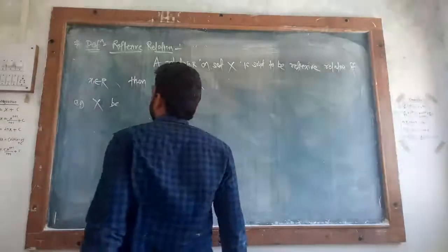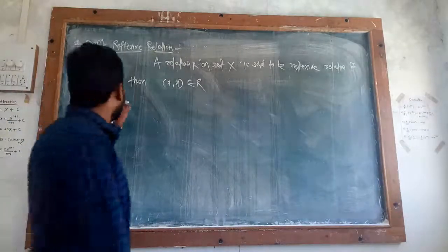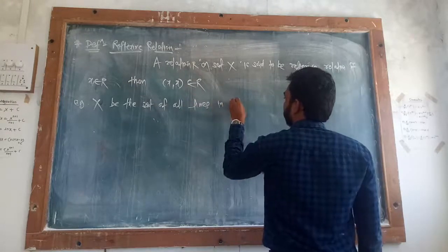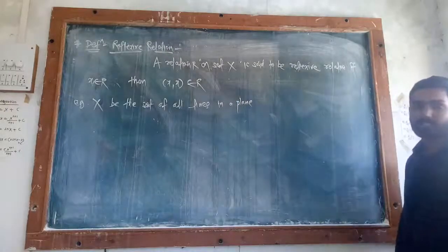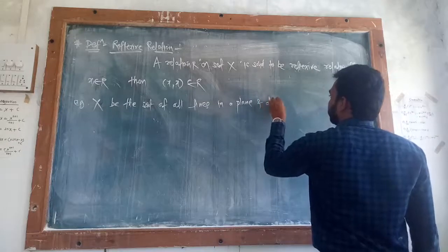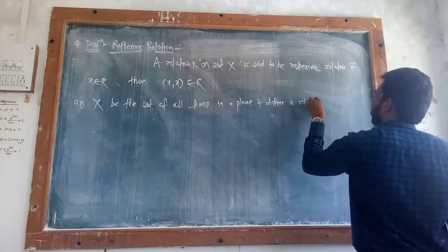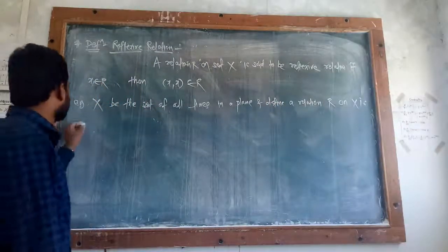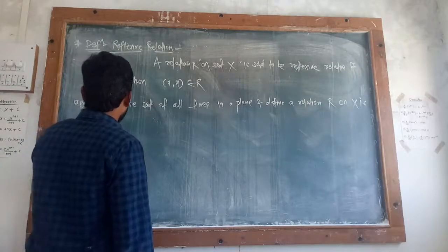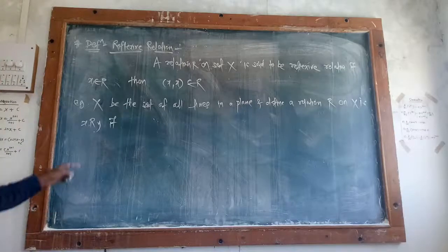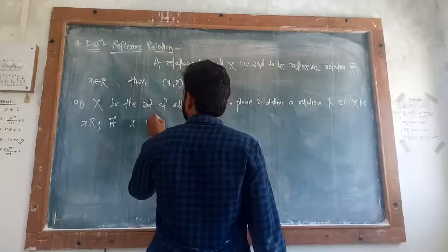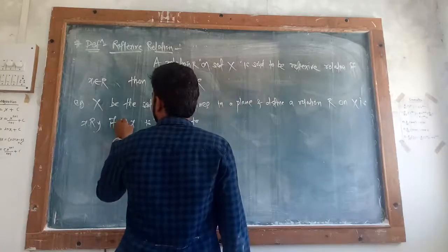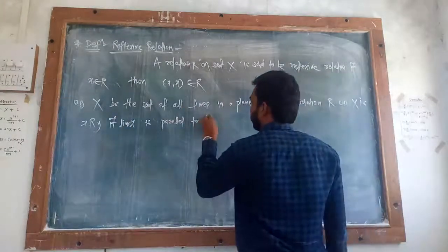Let capital X be the set of all lines in a plane, and define a relation R on set X as follows: x is related to y if line x is parallel to line y.